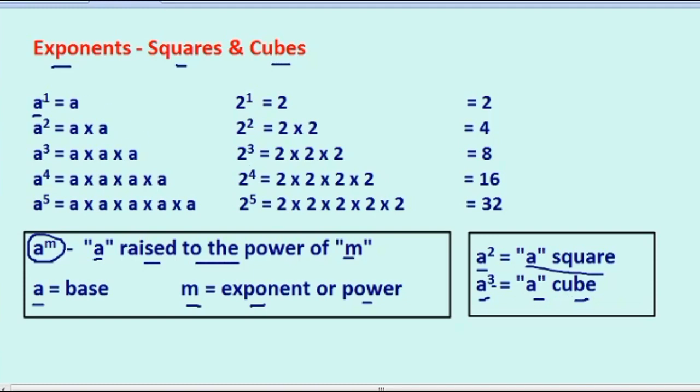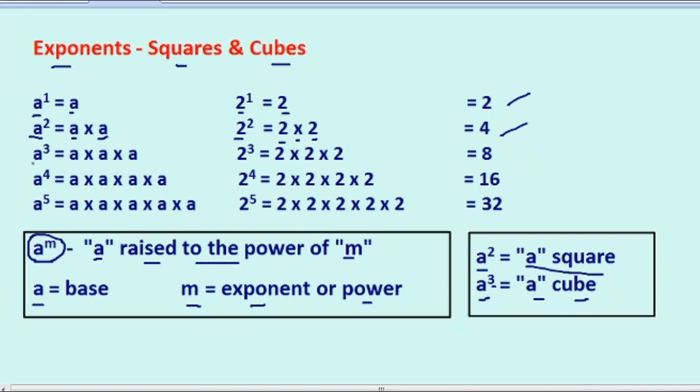Okay, so when we write a raised to the power of 1, it means a. For example, 2 raised to the power of 1 is only 2. If it is a raised to the power of 2, then it will be a into a. For example, 2 raised to the power of 2 is 2 times 2, which is equal to 4.